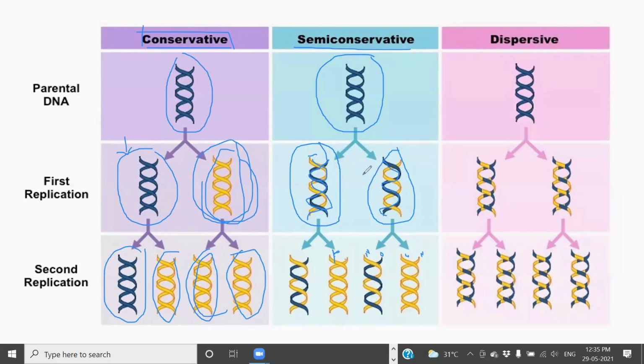But here that is not the case. One strand is old, that is the parental strand, while the other strand is the daughter strand, which is newly synthesized. And this is the semi-conservative mode of replication.